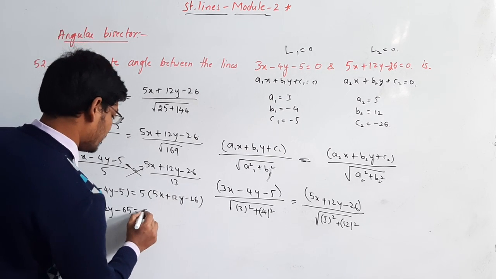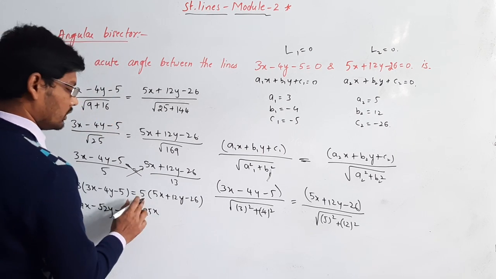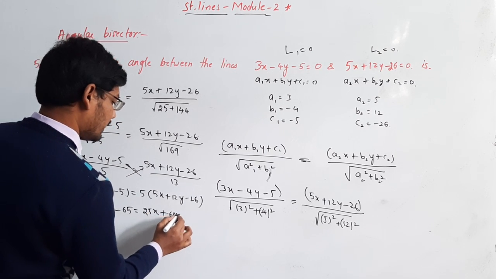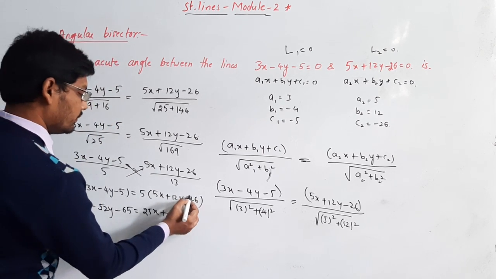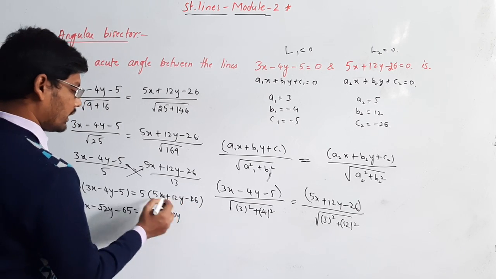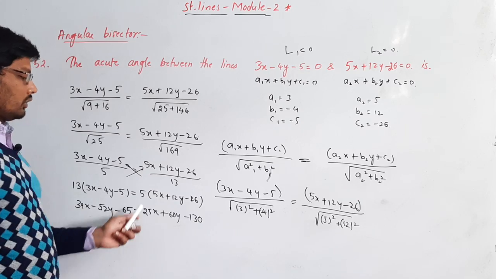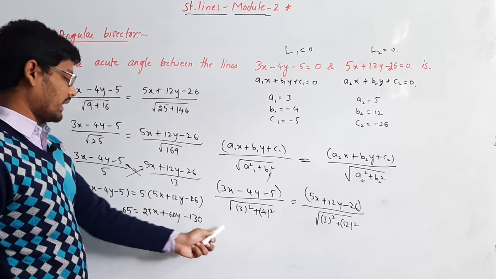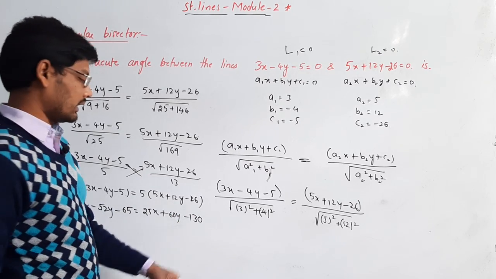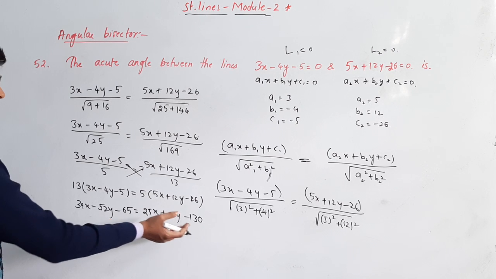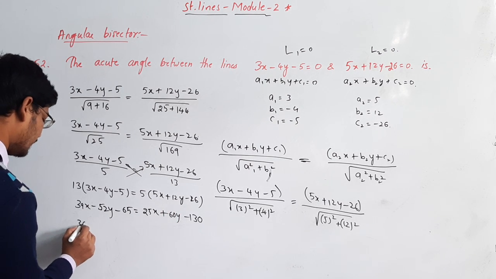Next multiply 5 times 5, 25x, 12 times 5, 60y, and 26 times 5 is 130. So let's bring all the terms to this side.